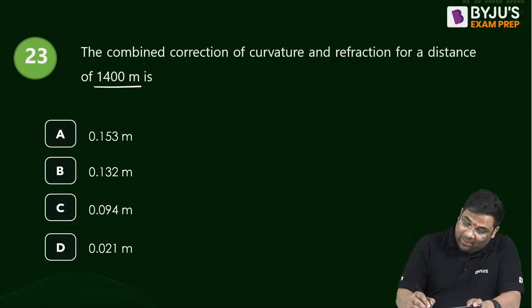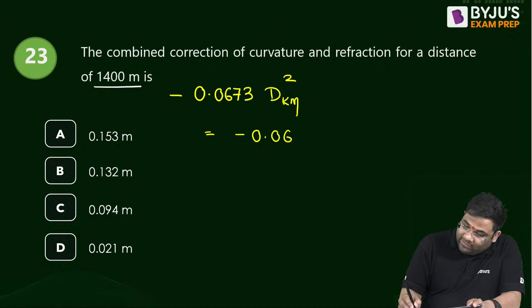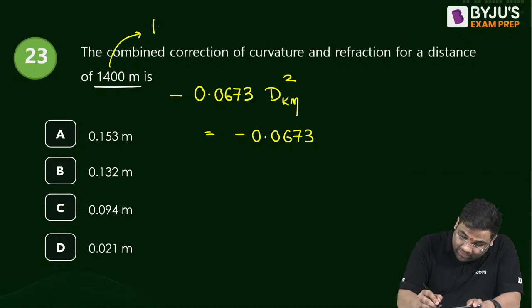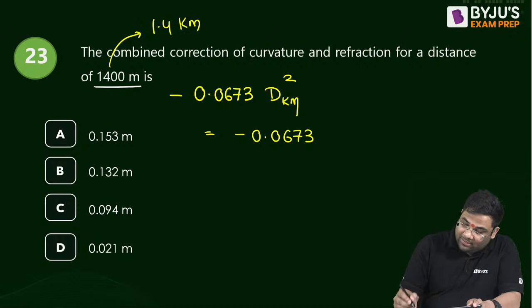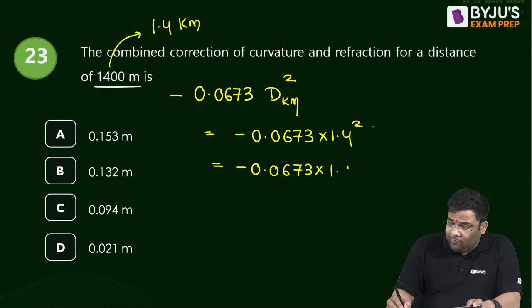Combined correction is minus 0.0673 into d kilometer square. So this is minus 0.0673 into d kilometer. So convert into kilometer, 1.4 kilometer. So 1.4 square, right? 1.4 square is 1.96, right?